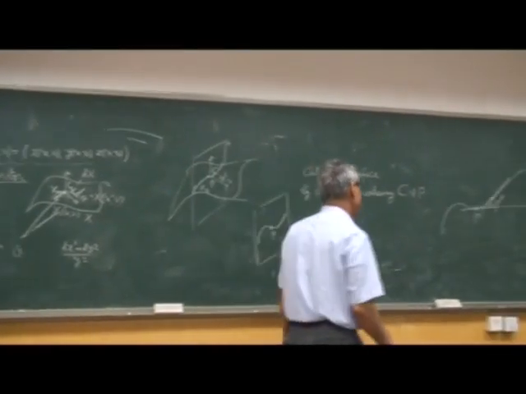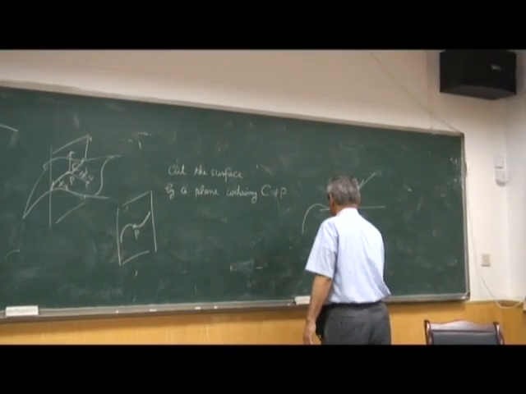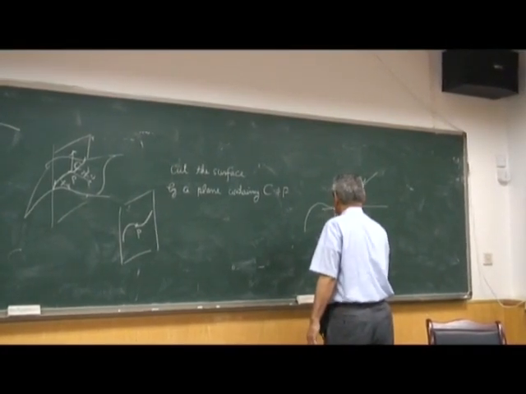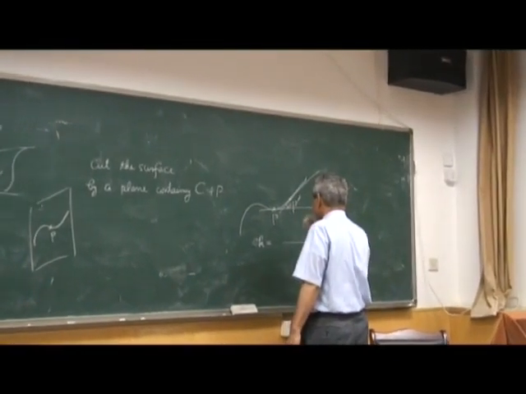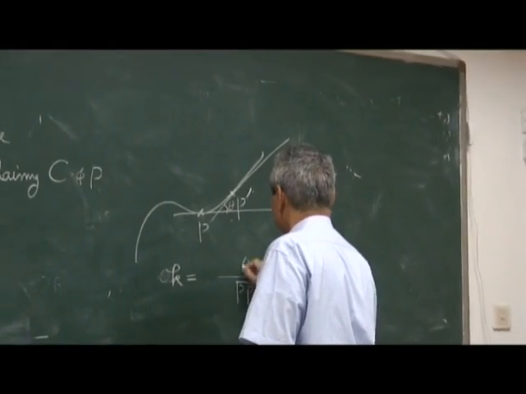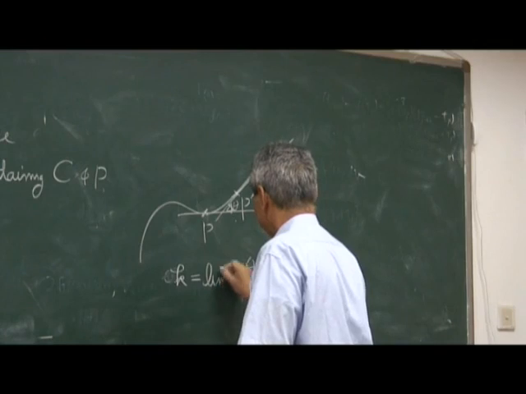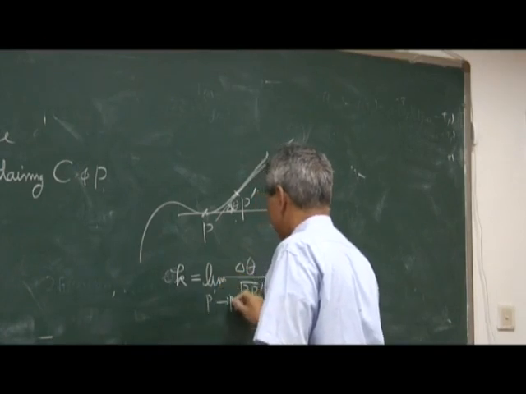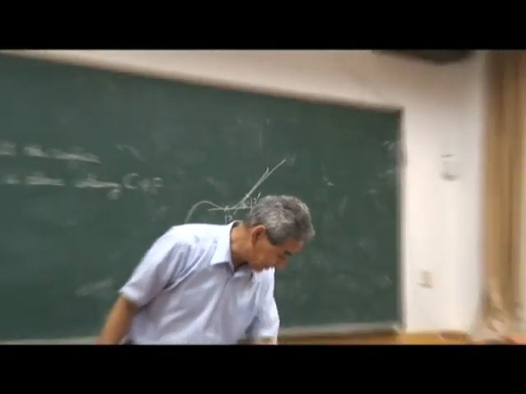Then the curvature K of the curve is defined by this: delta theta divided by the small length delta S, and take the limit as P prime goes to P. I hope it's correct.